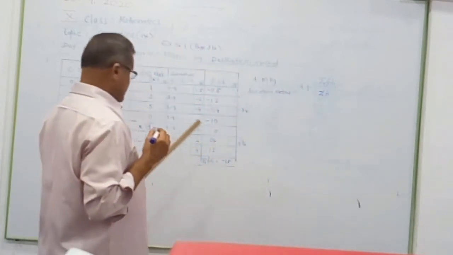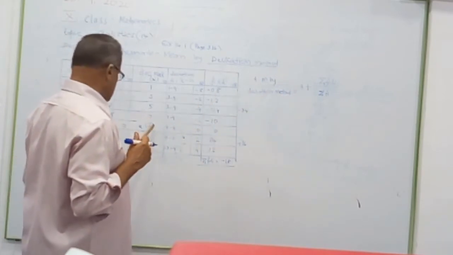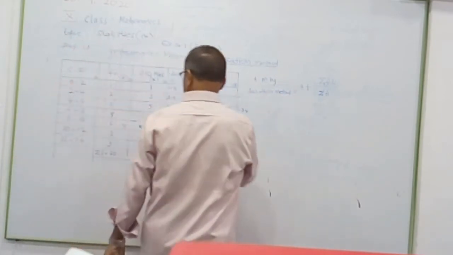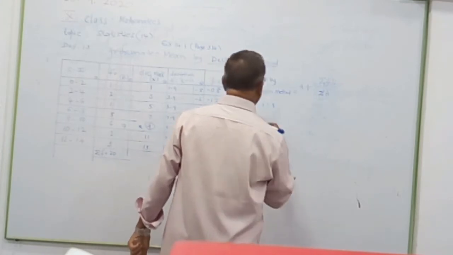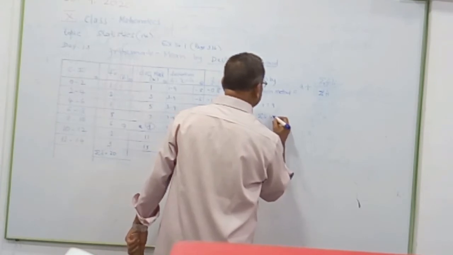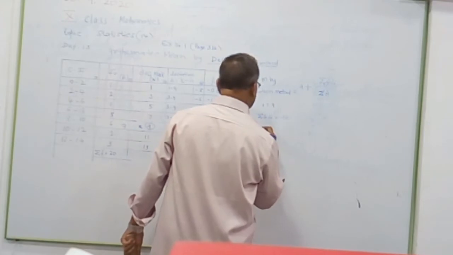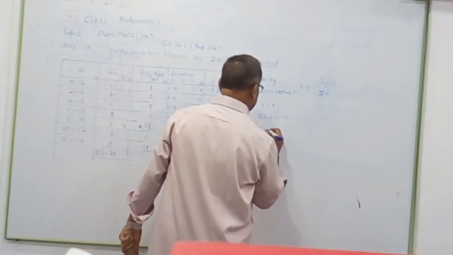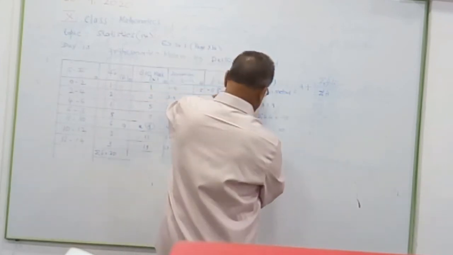Now what is A? Assumed mean. Assumed mean is 9. A equal to 9 and sigma fi di is minus 18, sigma f is 20. Now write in box.